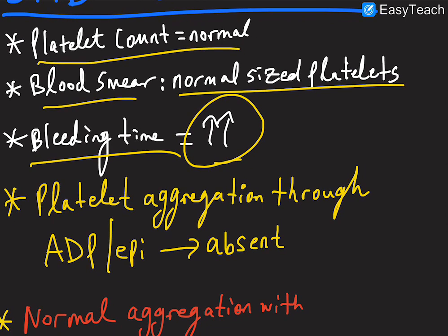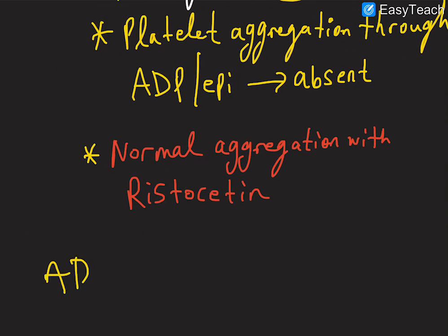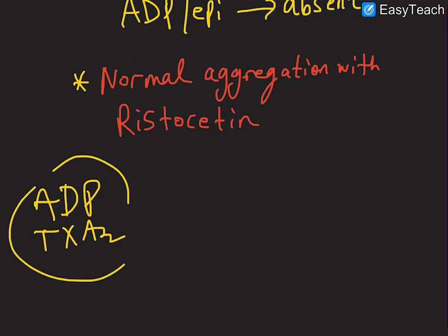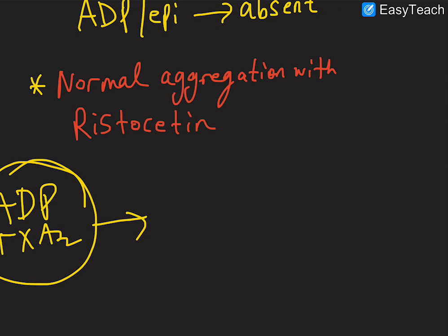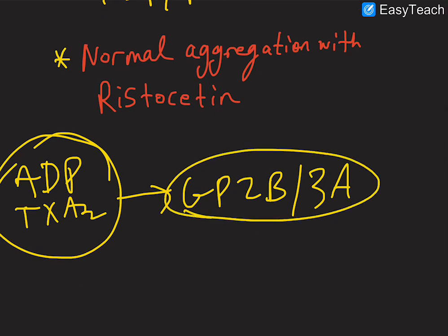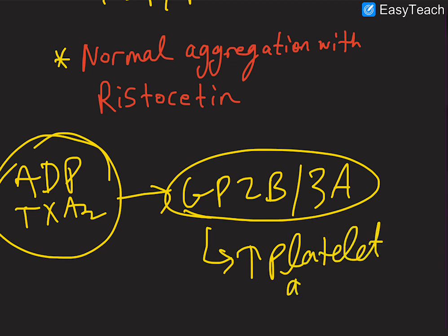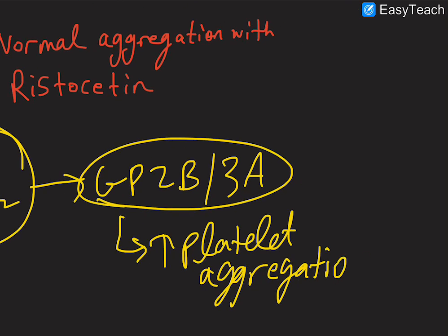And remember, things like ADP and thromboxane A2 can make your platelets increase expression of glycoprotein 2b3a. Therefore, we say that things like ADP and thromboxane A2 increase platelet aggregation, so it helps make the clot size bigger.